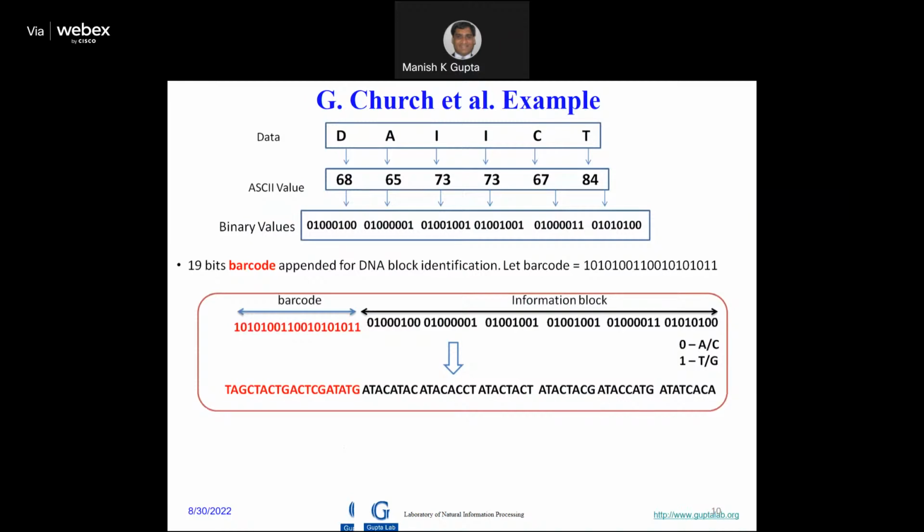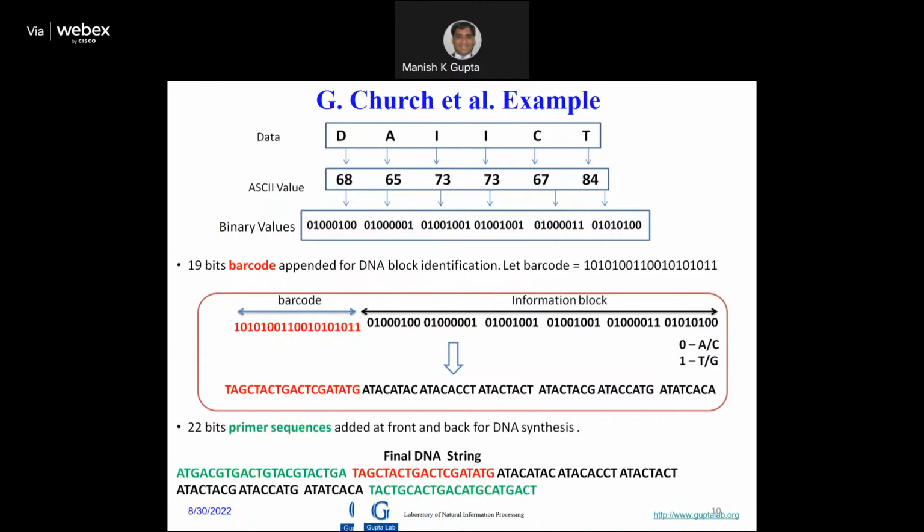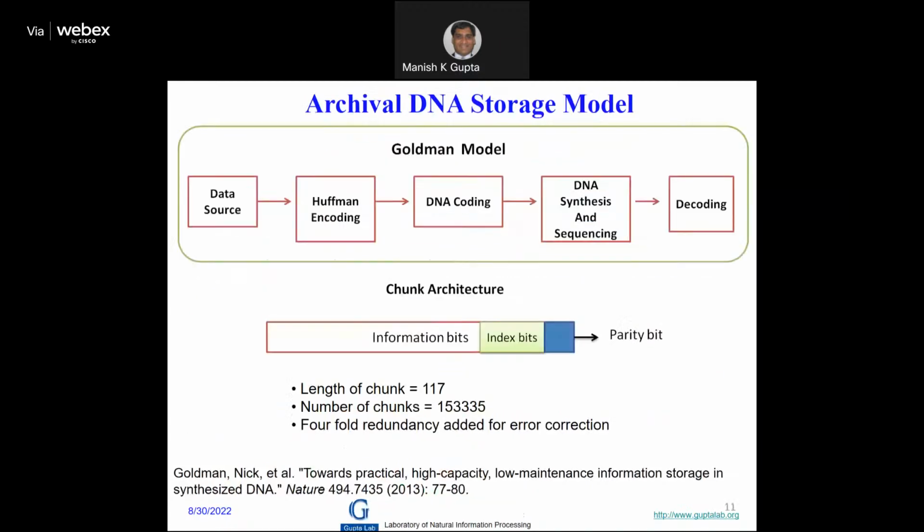Then this kind of encoding is used: 1 for T and G, 0 for A and C. Once you have that, 22-bit primer sequences are added, the green ones. The primer sequences were added for DNA synthesis, reading and writing the DNA. I will talk about primers more in the course; they are very important. How do you design primers efficiently?